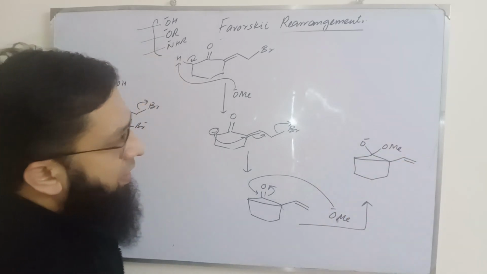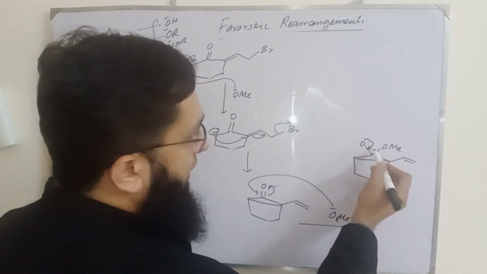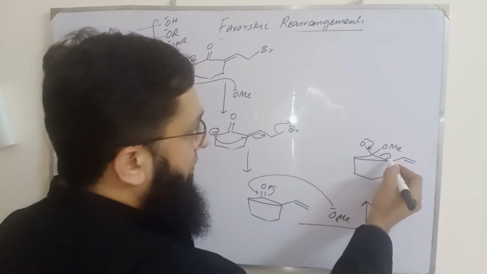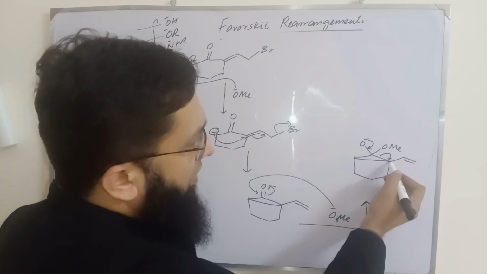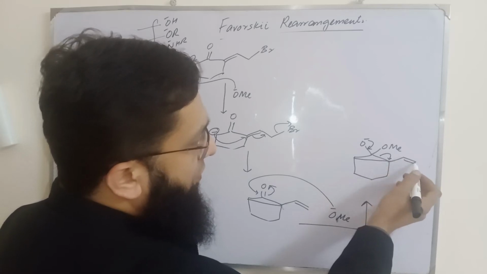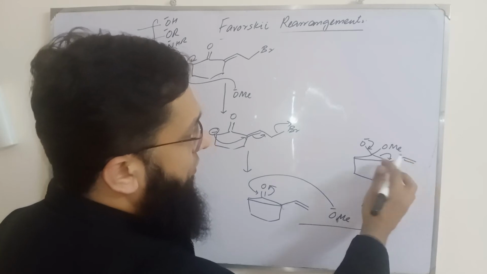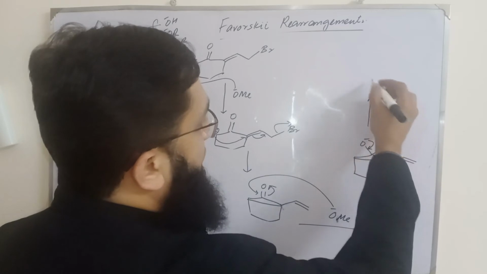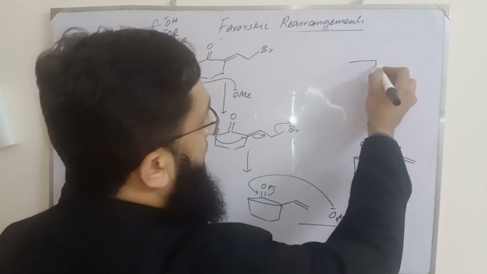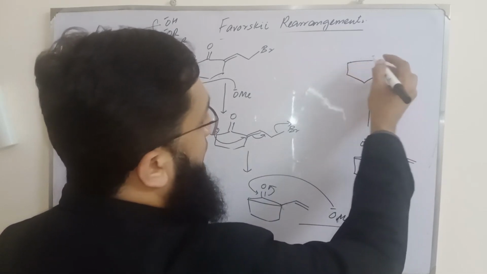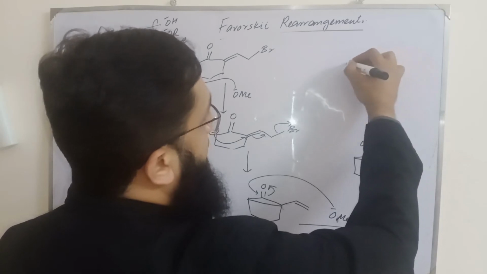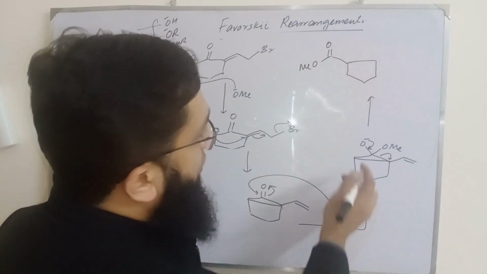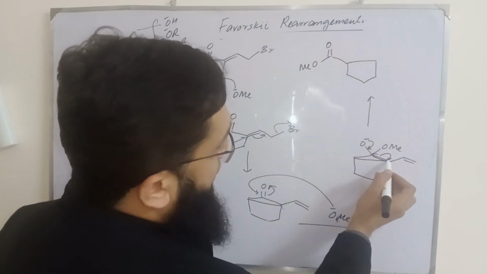this one. In the next step, this would come back, and we have the two possibilities. So I would favor this possibility, because when the carbanion is formed here, it is in conjugation with this double bond. So we can have the resonance here. As a result of this, we would get this bond, because the bond between these two has broken.